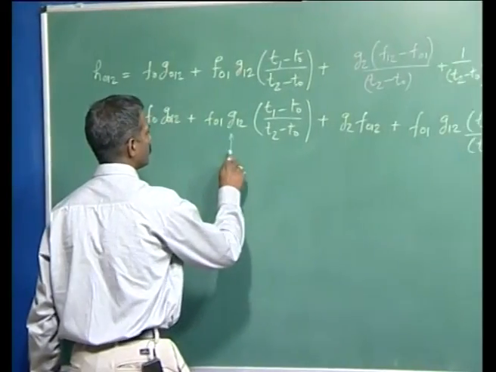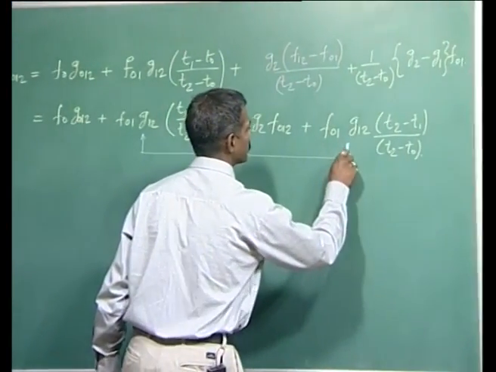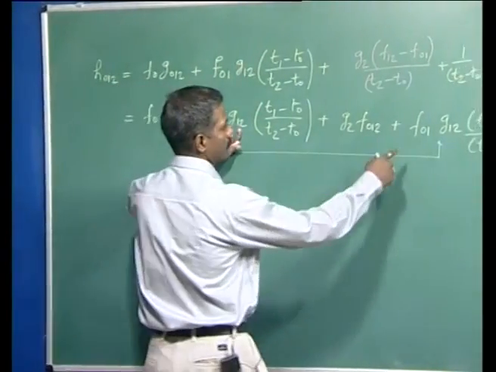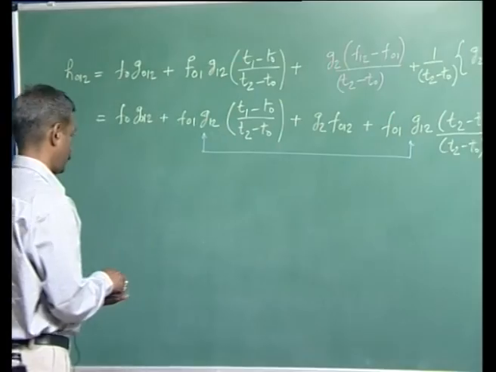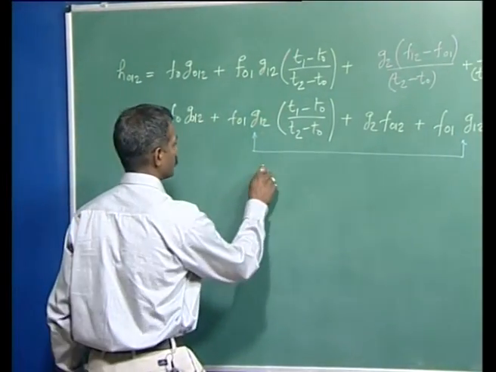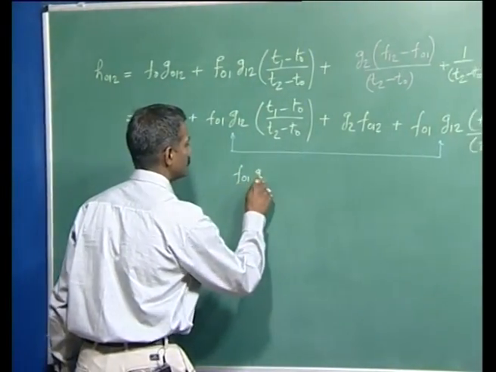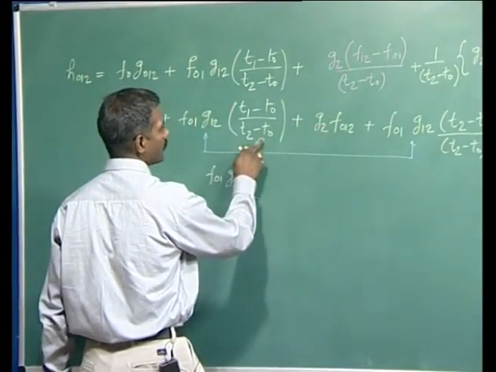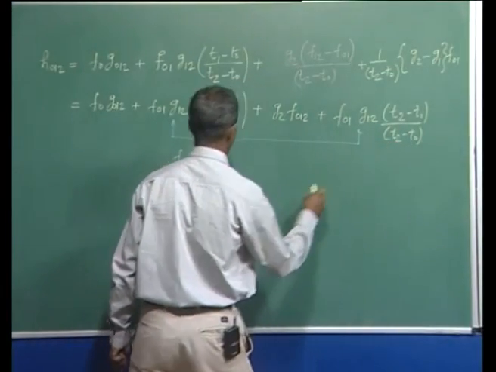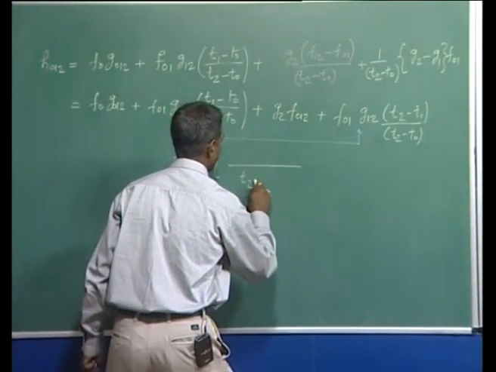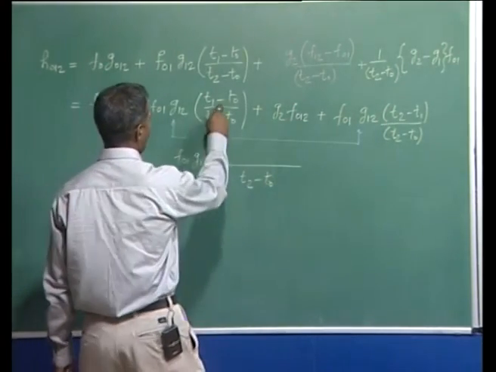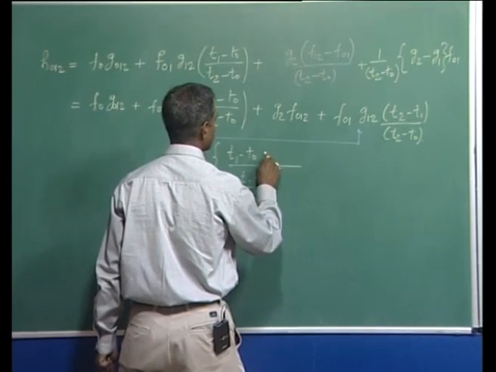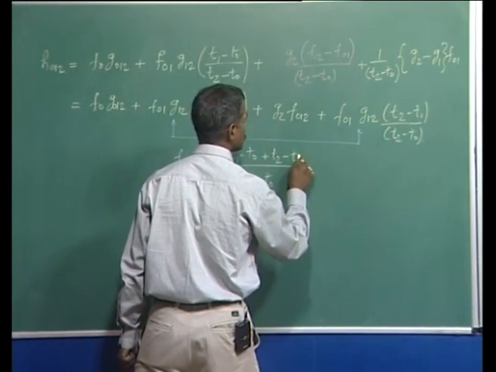Now concentrate on these two expressions. F01 G12 is common. So this is F01 G12. T2 minus T0 is the common denominator. We have here T1 minus T0 plus T2 minus T1.